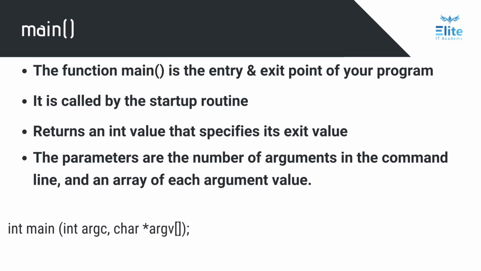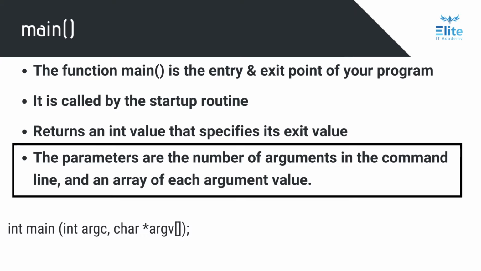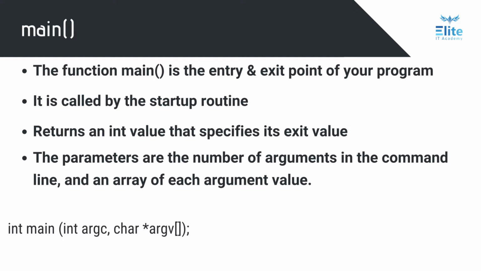After the function main completes execution, it returns to the startup routine, which releases memory, cleaning up if required, and returns to the operating system. As can be seen here, the function main has two parameters. The first parameter is the number of arguments in the command line, and the second is the list of arguments. We will discuss this in a later video.